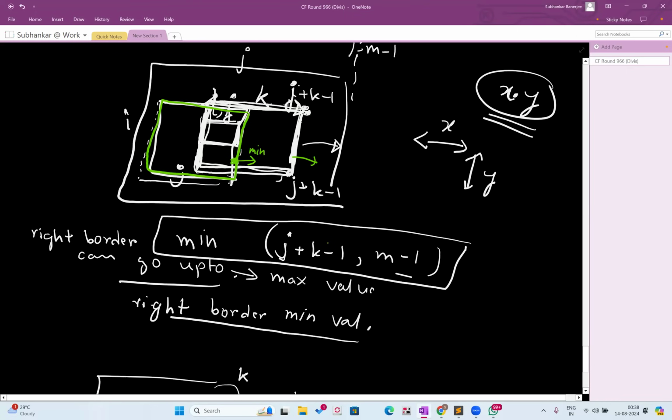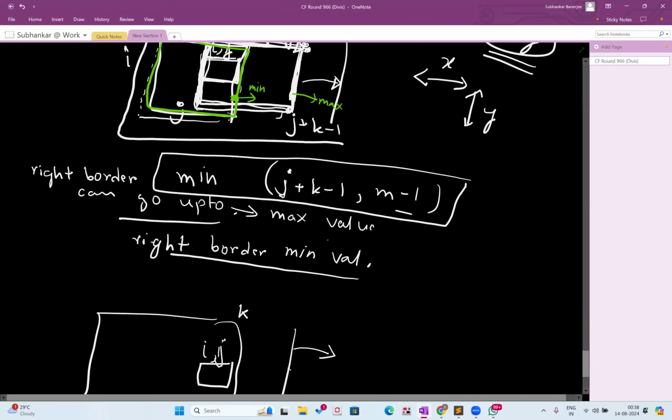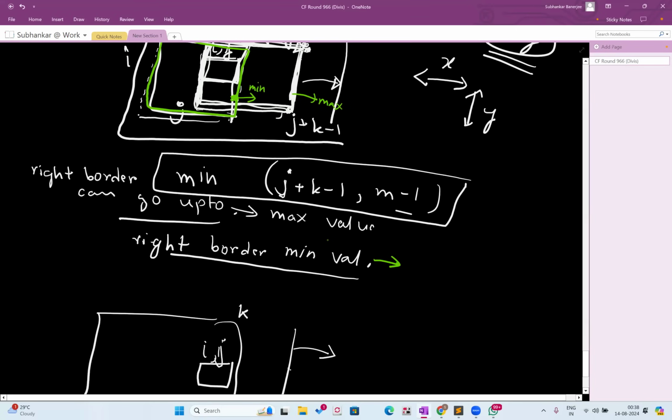This is the maximum, and in this range it can move about. So what will be the minimum value of the right border?